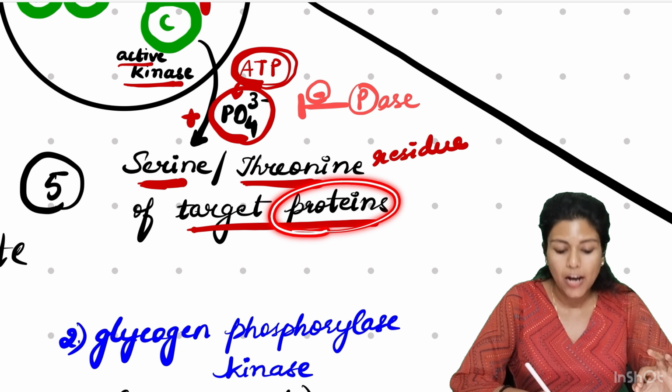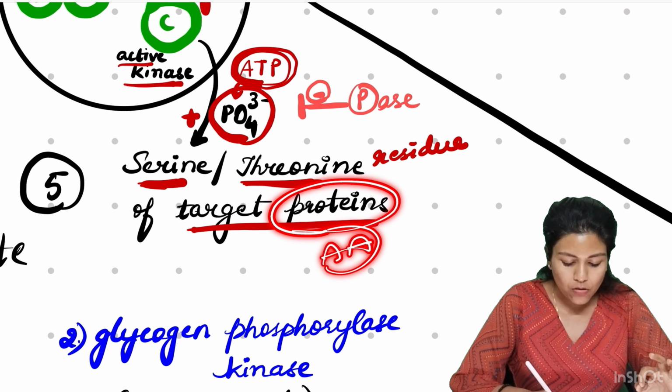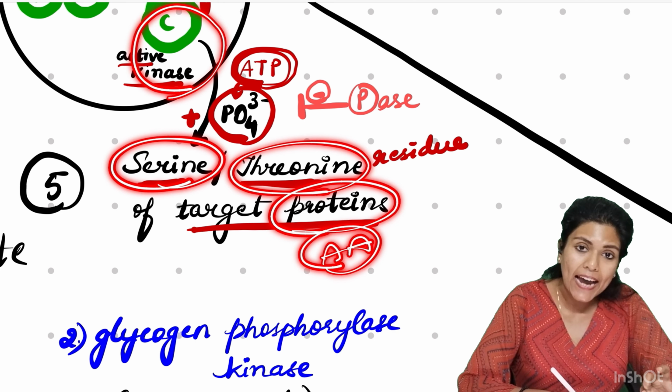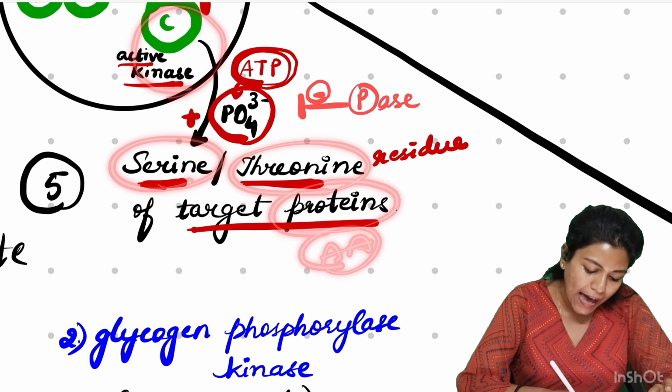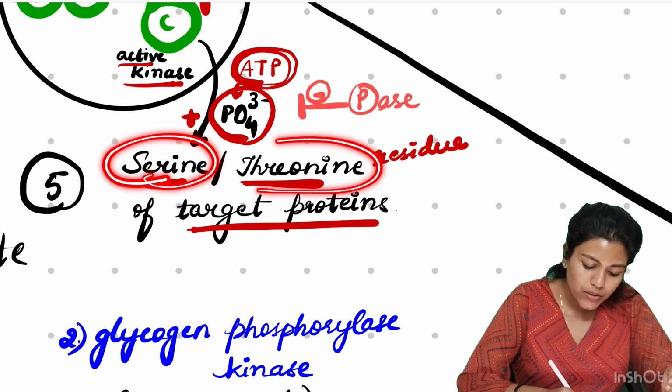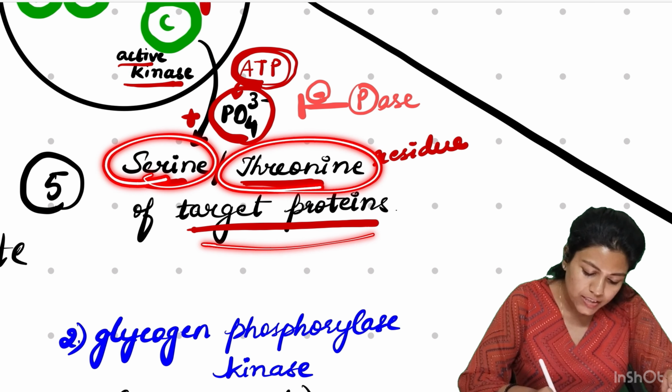Proteins are made up of amino acids, among which are the serine amino acid or threonine amino acid. So the catalytic unit will act like a kinase. That means they add phosphate to the serine or the threonine residues of the target proteins here.